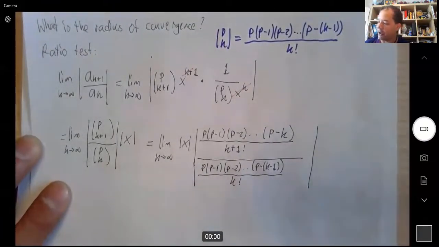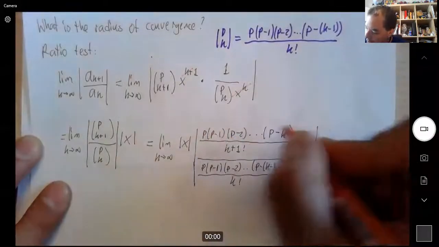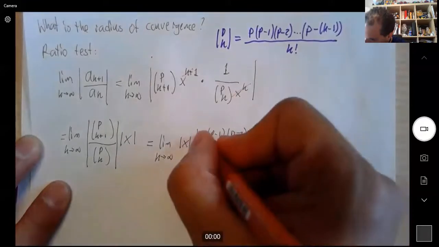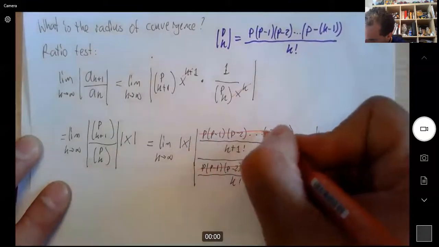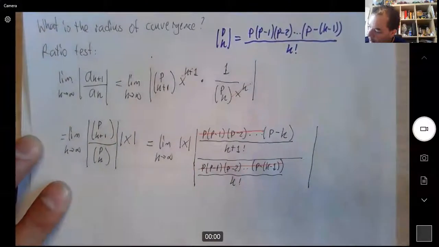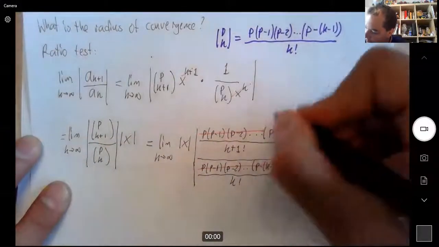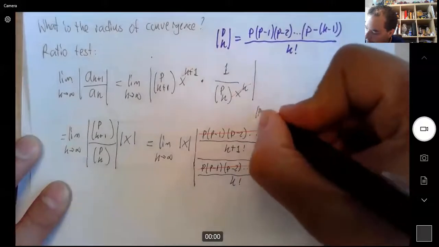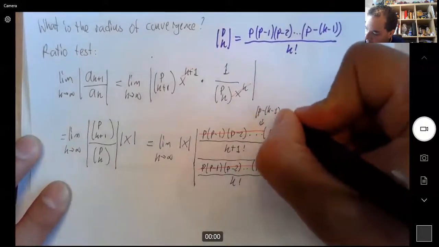Okay, that's good because a lot of things cancel. These p minus 1, p minus 2, all of these terms cancel with all of these, all the way to the previous one before. The one right behind this one is p minus (k minus 1), right?